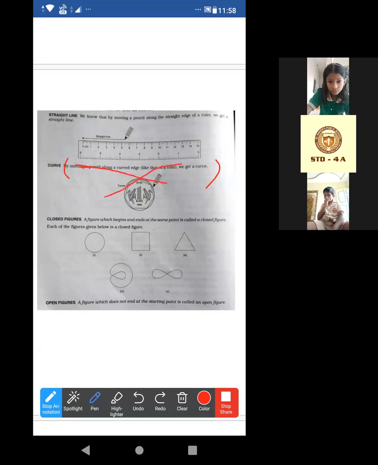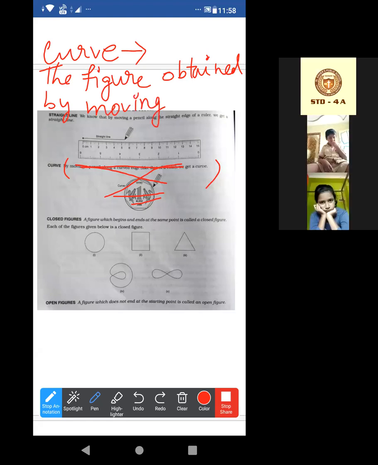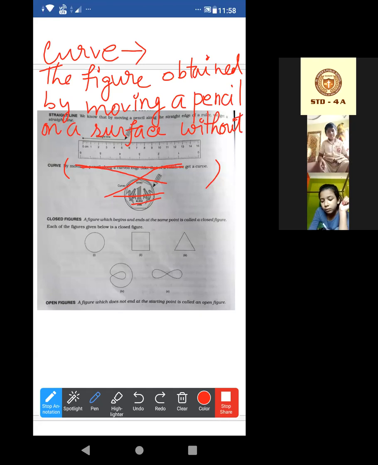The figure obtained by moving a pencil on a surface without lifting.